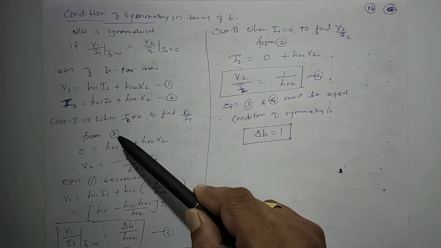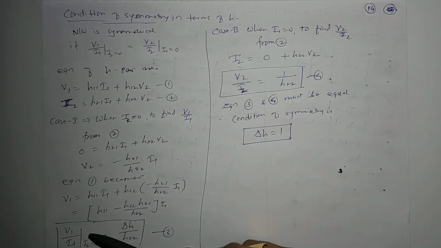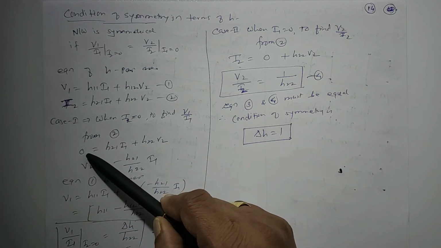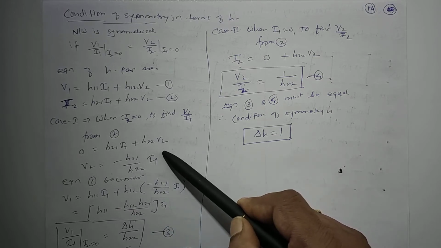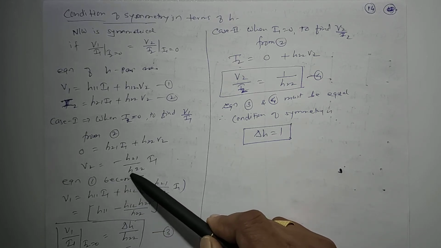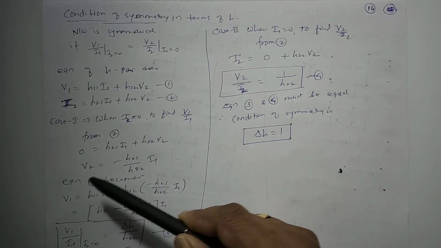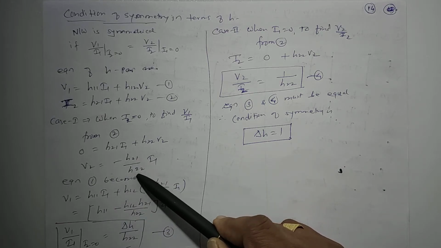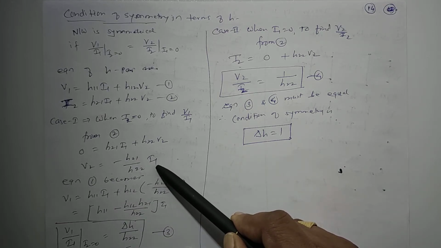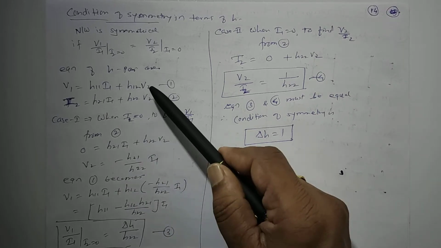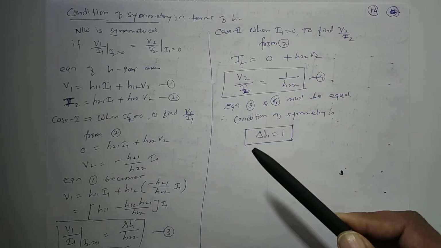Therefore from equation 2 we first have to find V2. Putting I2 equal to 0, V2 will be this one. Transferring this term here, V2 is equal to minus H21 upon H22 into I1. Then put this value of V2 in equation 1 and obtain the V1 upon I1 ratio.